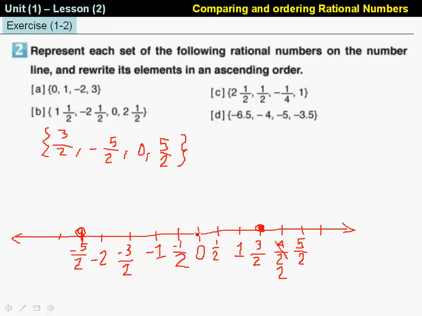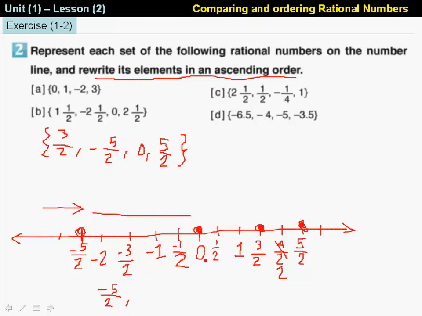0 is here. Draw a small circle. 5 over 2 is here. Don't forget to rewrite its elements in ascending order. Ascending from small to big numbers. So we start from the left. This is minus 5 over 2.